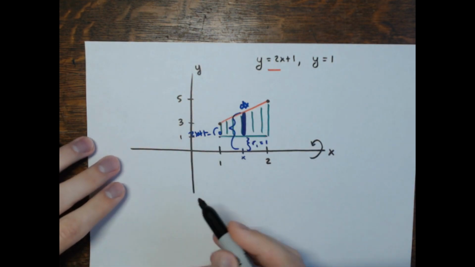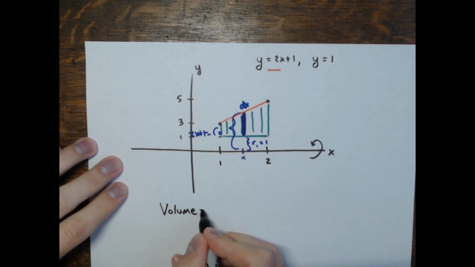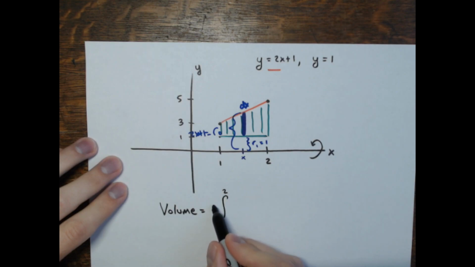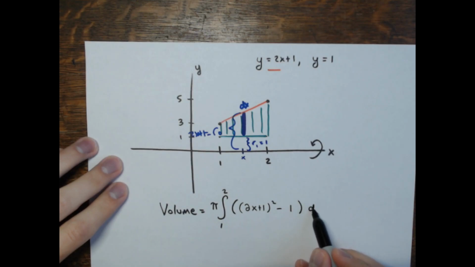So when I rotate this region around, integrate from 1 to 2, right, the volume of this whole 3D shape that would be created, so the volume of the solid, is the integral from 1 to 2 of pi times, this is the volume of each washer, pi times the quantity, the outer radius, which was that 2x plus 1 squared, minus the inner radius squared, 1 squared, which is just 1, times the thickness.